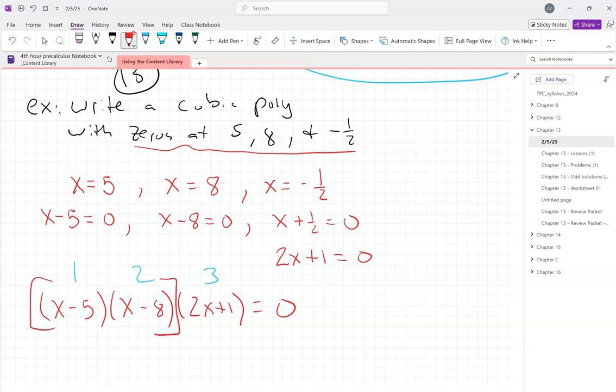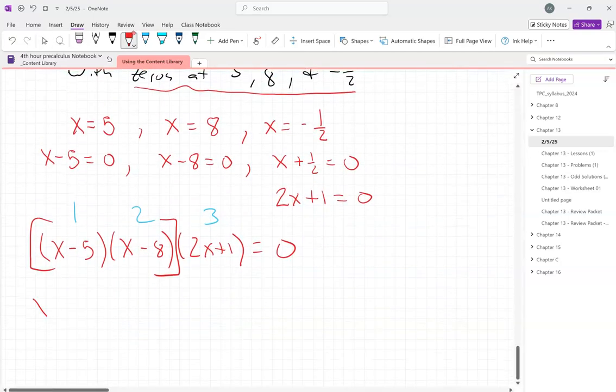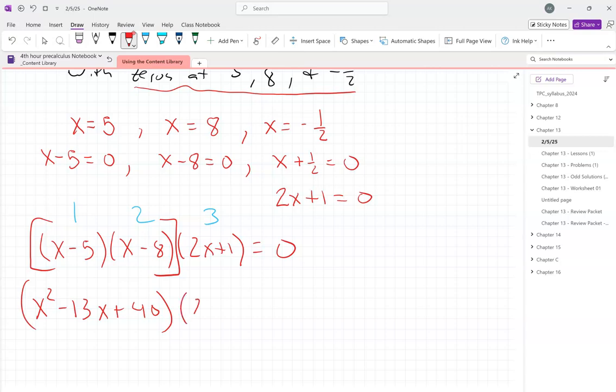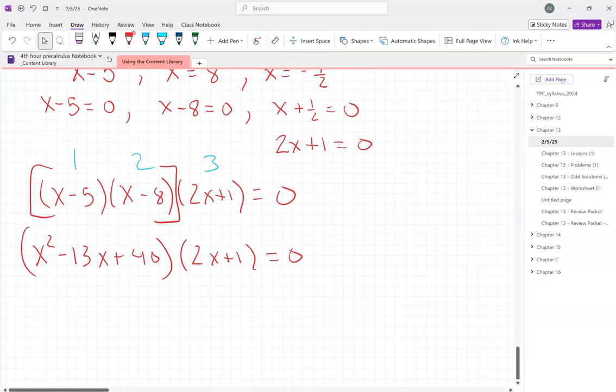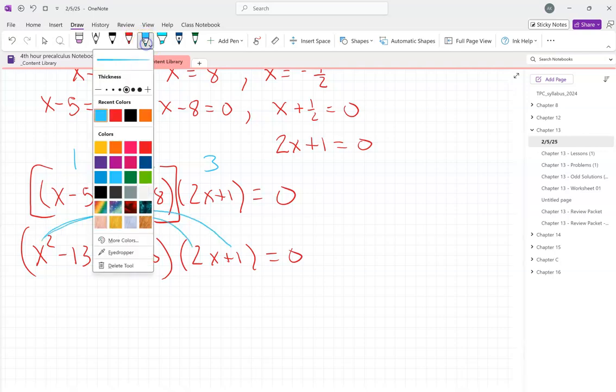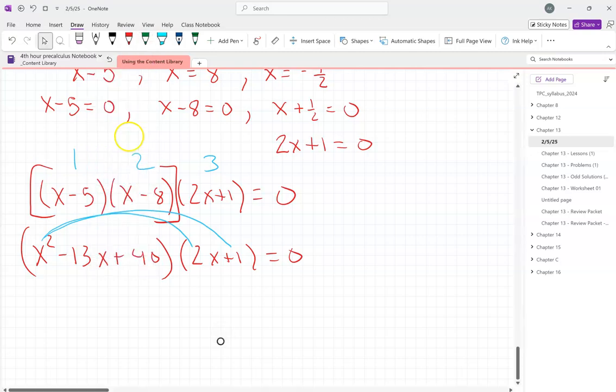So I'll start by multiplying the first 2 together. I'm just going to do that quickly in my head if you don't mind. And then to multiply these two together, I'm going to have to do one of these.